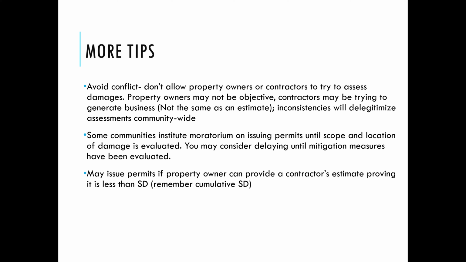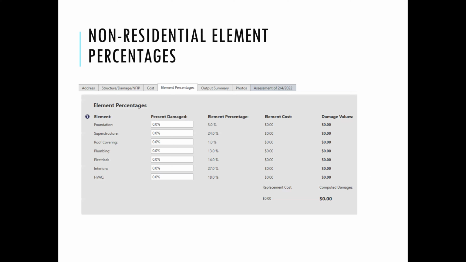You can issue permits if the property owner can provide a contractor's estimate proving that it's less than 50%. Remember, some communities practice cumulative improvement, and so we have to keep track of those permits from the last 5 years to add that into the equation of how much repair or improvement. Because again, improvements have to be included as well.